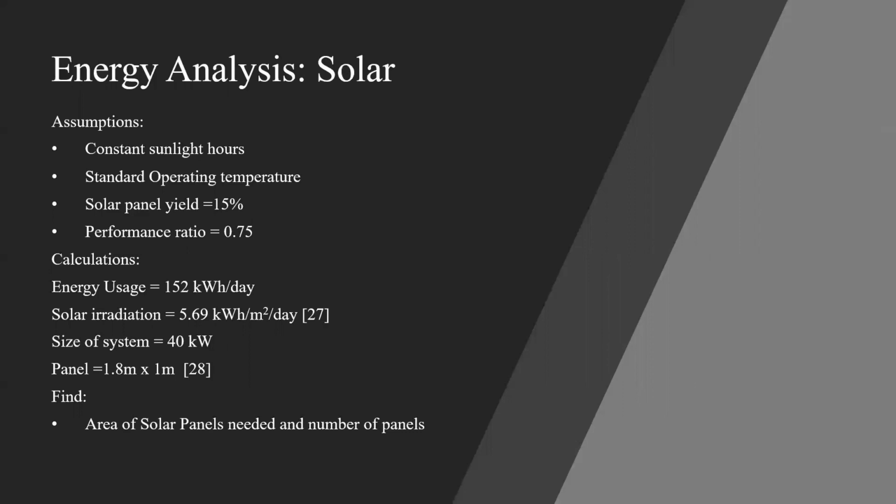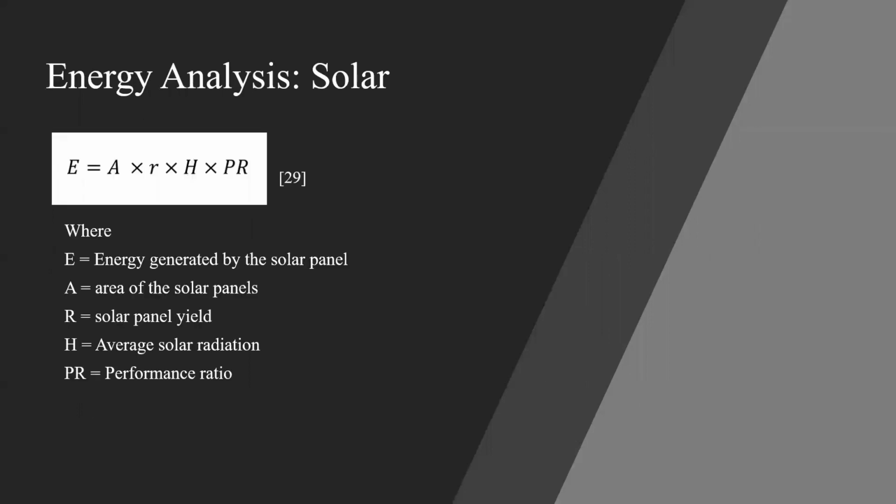And the solar irradiation is constant, which is 5.69 kilowatt hours per meter square per day. And using the equation for the energy produced from the solar panels, we calculated the number of panels, which is 132, and the total area of the panels required was 237.